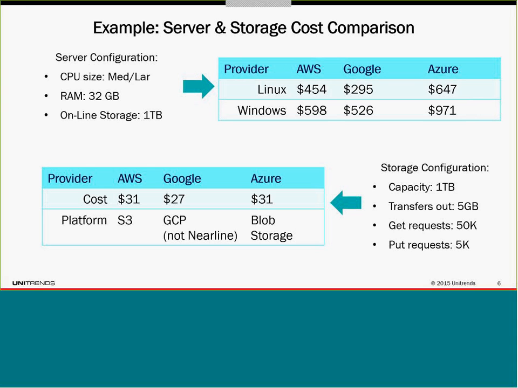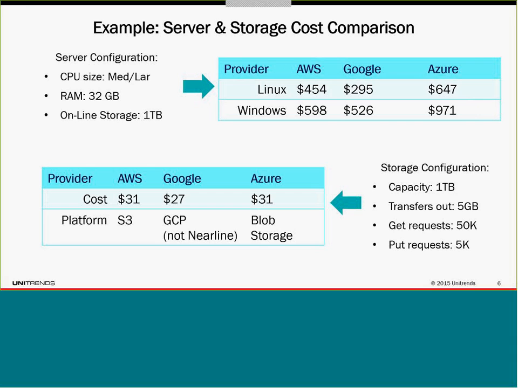In this example, we've taken a server with a configuration of either a medium or large size class, 32 gig, and we're dealing with a terabyte of online storage. The monthly costs to provide that kind of online capability vary, of course, between Linux and Windows, with Linux a little less expensive. The vendors can vary greatly, with Google, in this example, being the lowest cost provider.